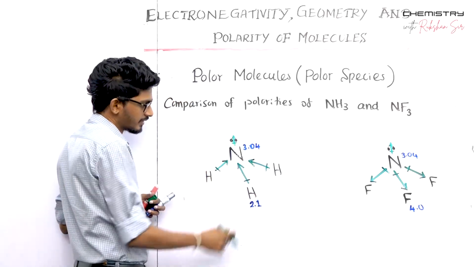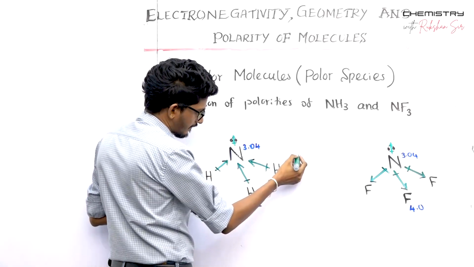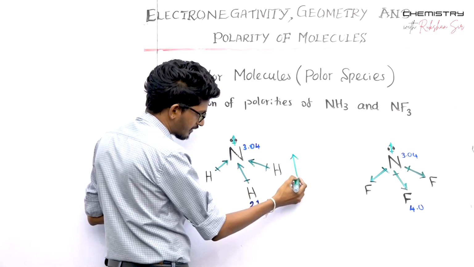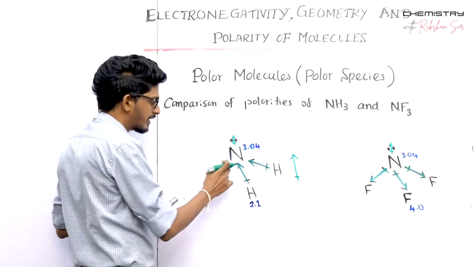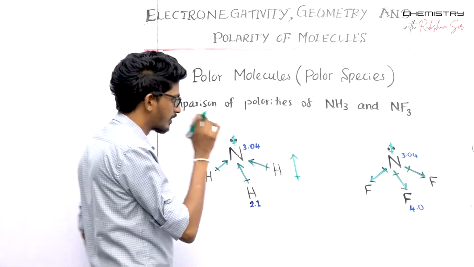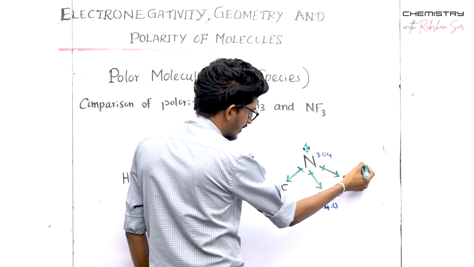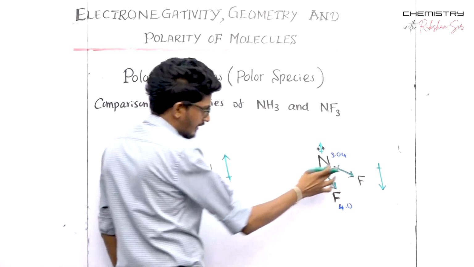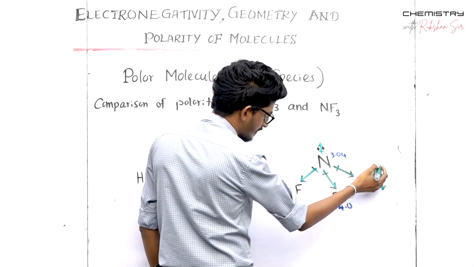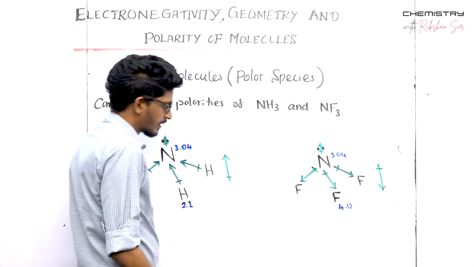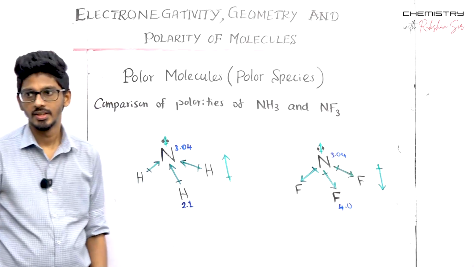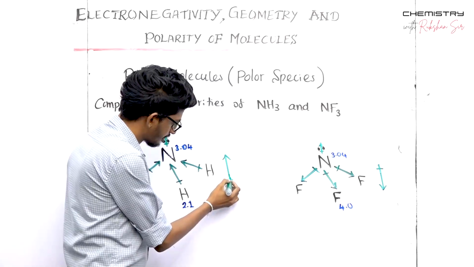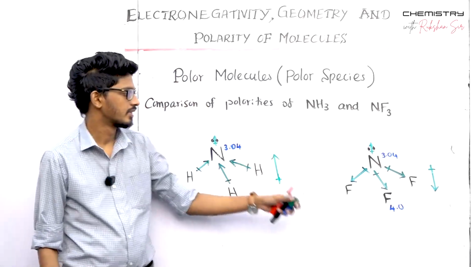With the bonds, there will be a net dipole moment towards upwards, with the 3 bonds. When it comes to this one, with the 3 bonds, there will be a net dipole moment downwards. So those will be more or less the same in length, right? Here upwards, here downwards.